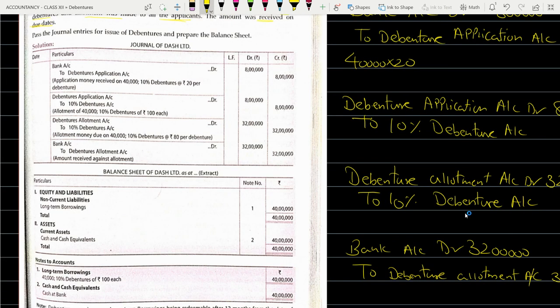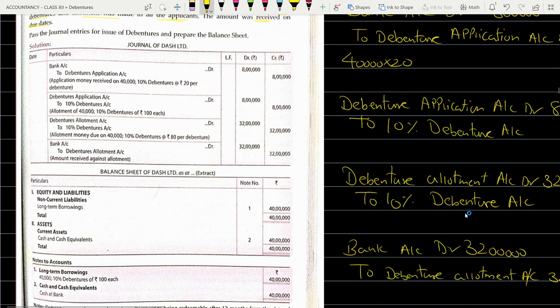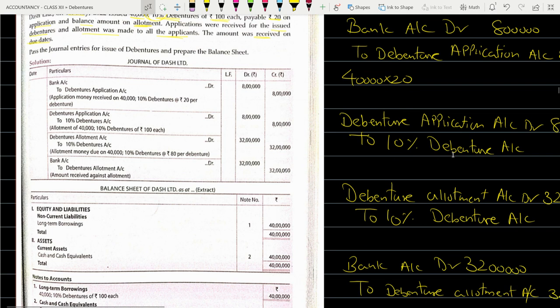But look at the problem. What have they asked us to do in the entire problem? They have asked us to record the journal entries, and also to prepare the balance sheet. I said that I'll be teaching the balance sheet later, because I first have to make sure that you understand the basic concept.